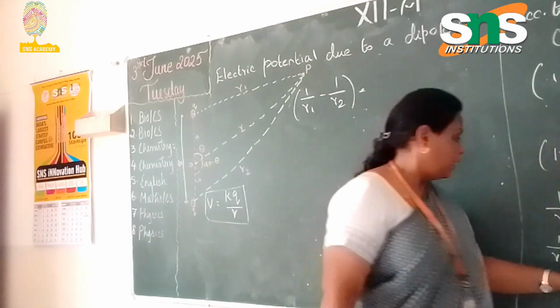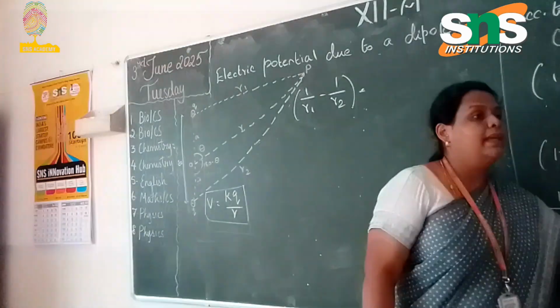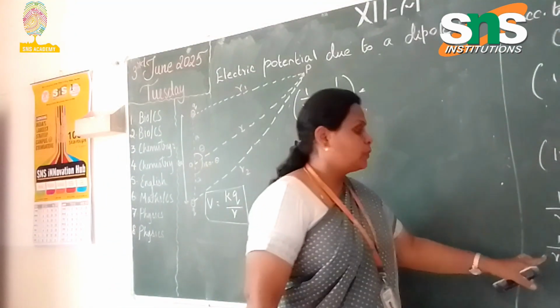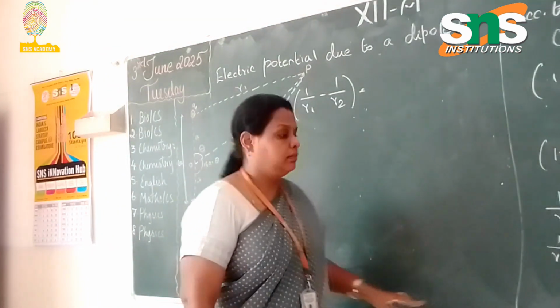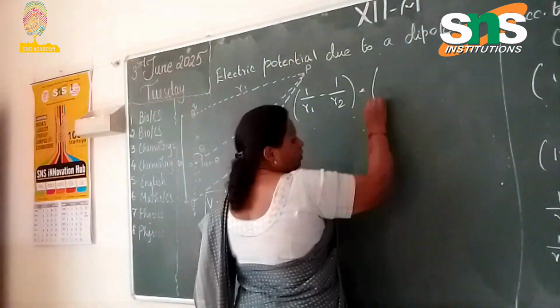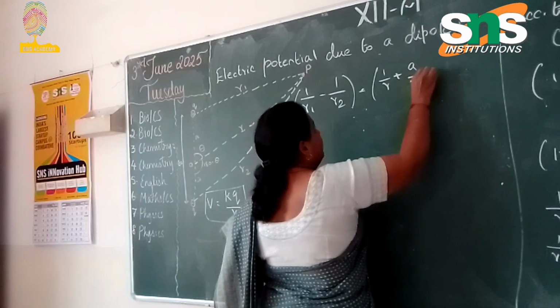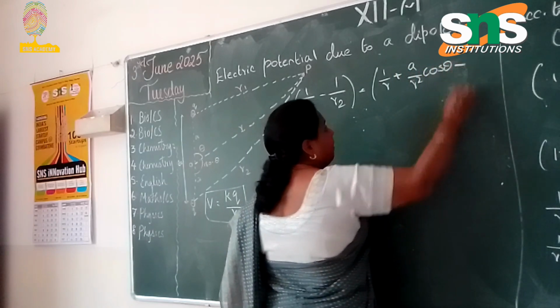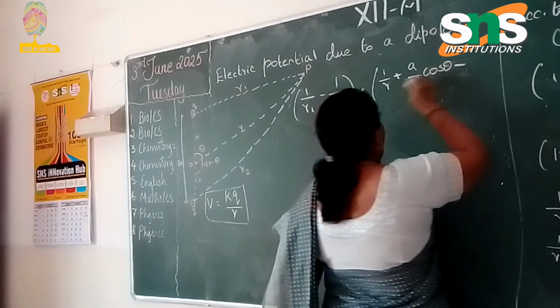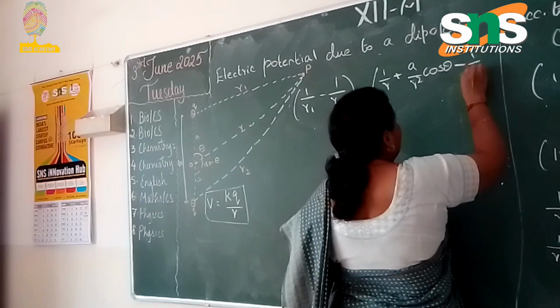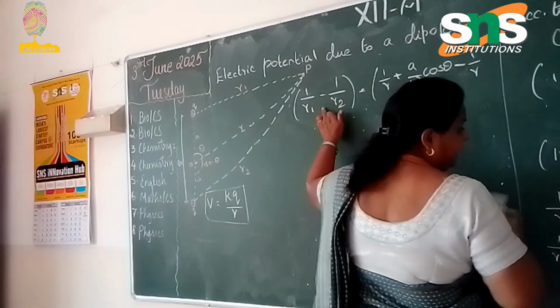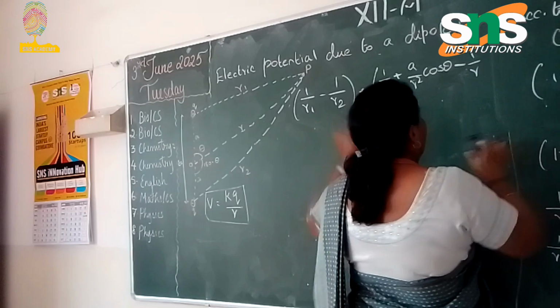See, if I do 1 by r1 minus 1 by r2, I am writing 1 by r plus a by r square cos theta minus, for 1 by r2, 1 by r minus a by r square cos theta. Minus into minus it will become plus.